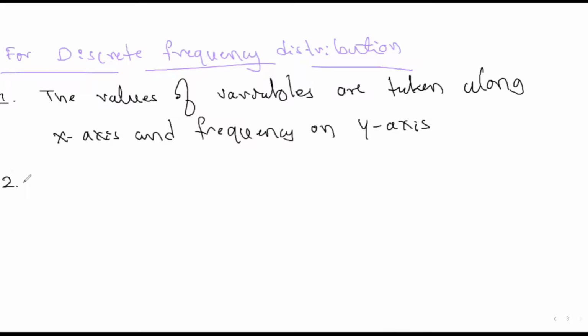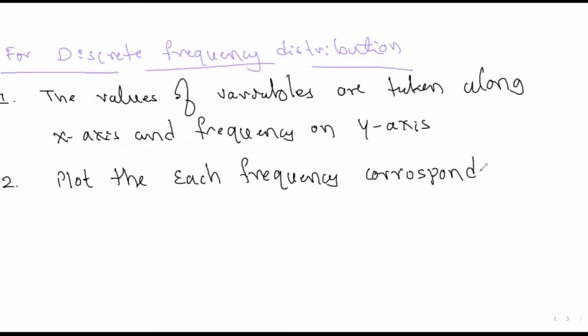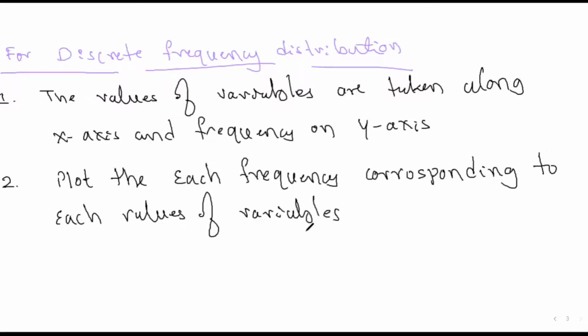So the second step is to plot each frequency corresponding to the respective value of each variable. For the first frequency, whatever value we have, we plot it. For the second frequency, whatever second value we have, we plot it. It is just our normal graph.